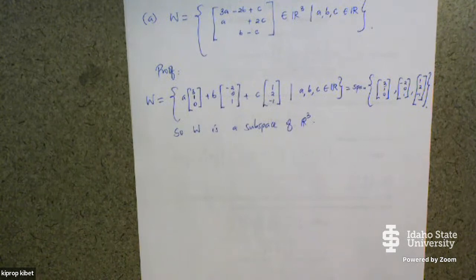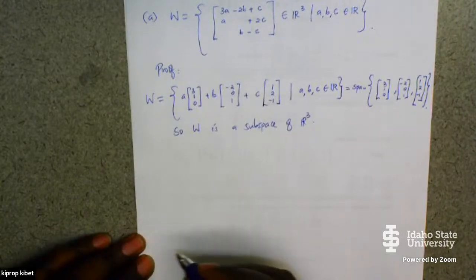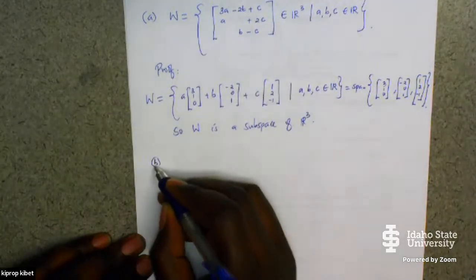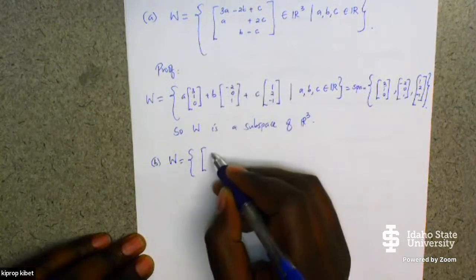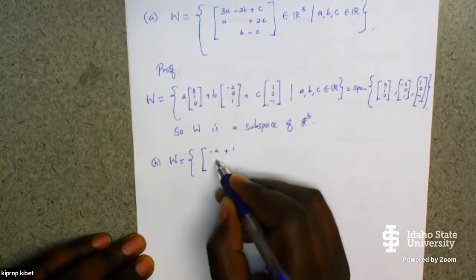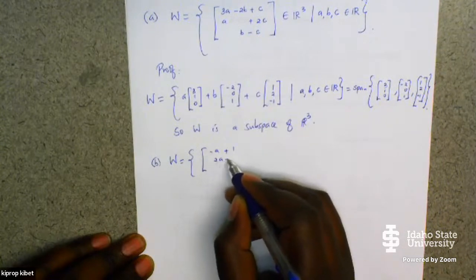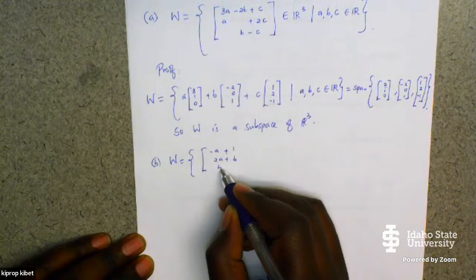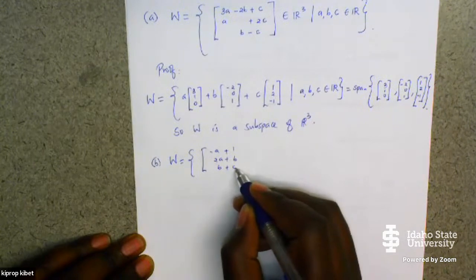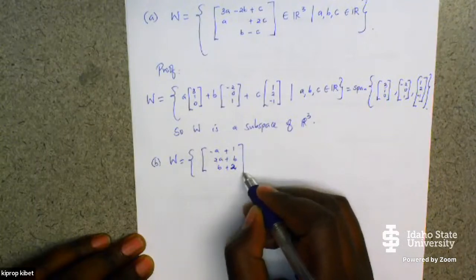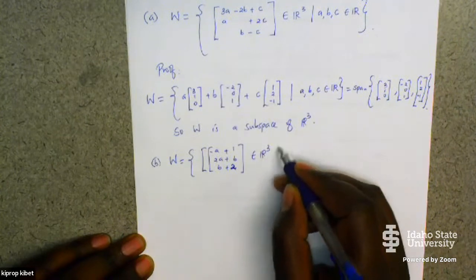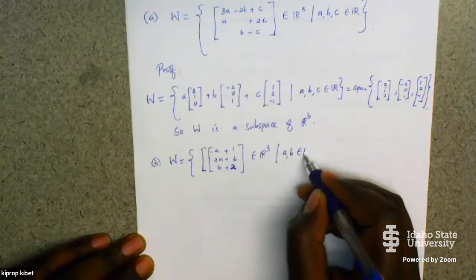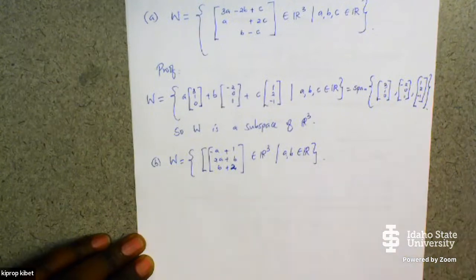Example number 2, just b. W equals the set of vectors (minus A plus 1, 2A plus B, B plus 2), elements of R3, such that A, B are elements of the real numbers.